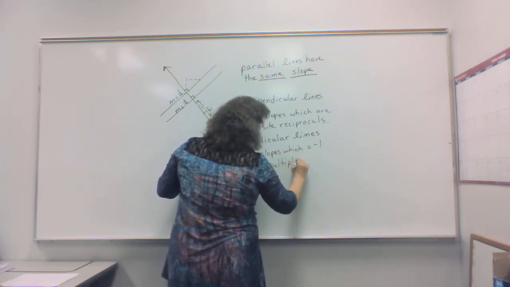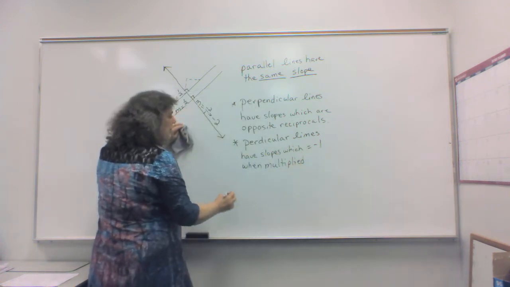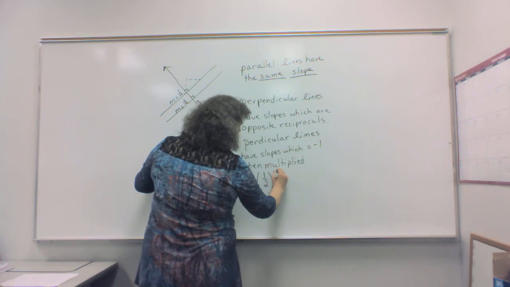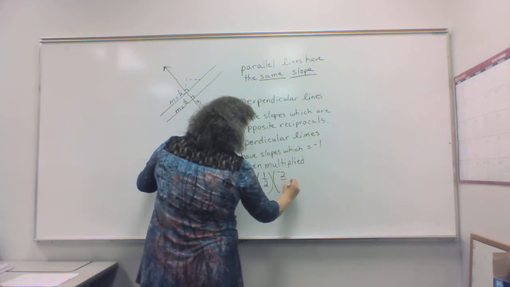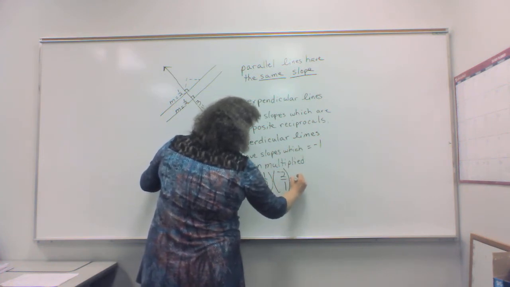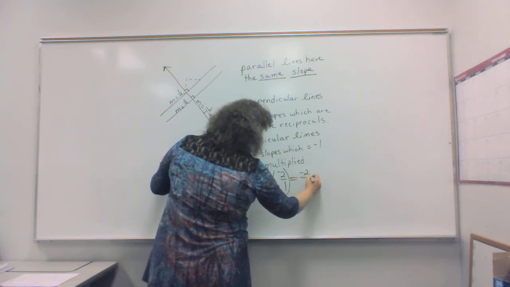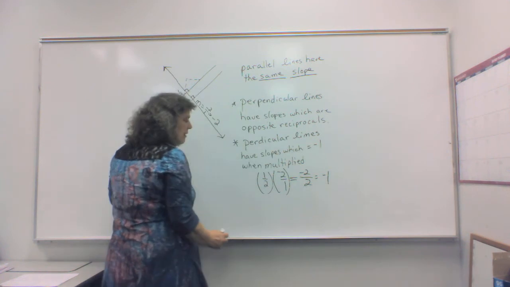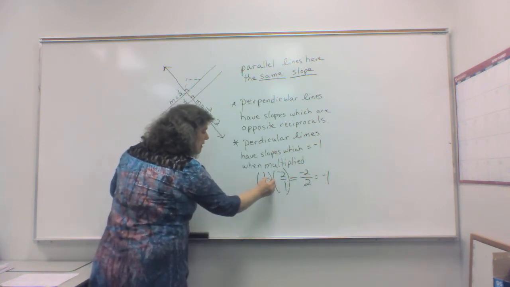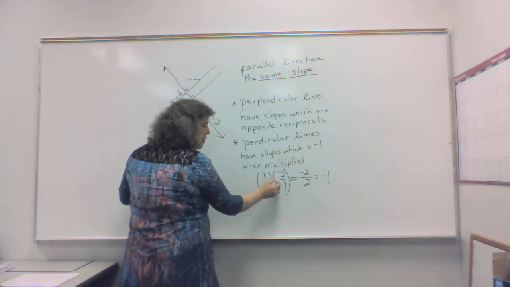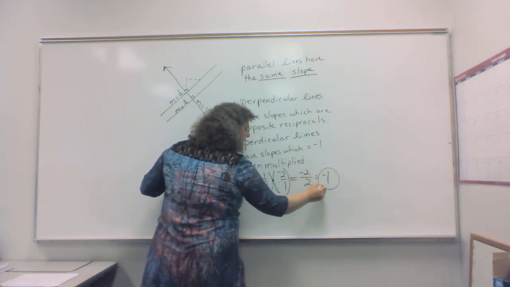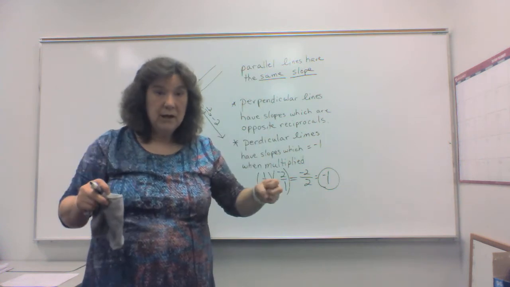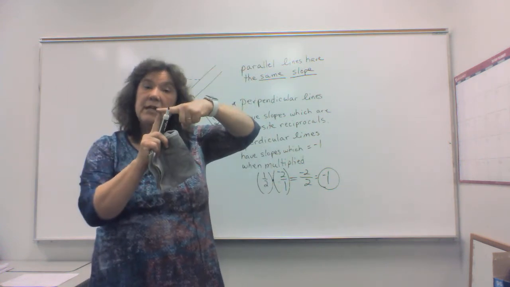In other words, in this example that I have right here, one slope is 1/2, the other slope is -2/1. This is equal to -2/2, which is equal to -1. So notice that the product of the two slopes equals -1. So this tells us whether lines are parallel or perpendicular to each other.